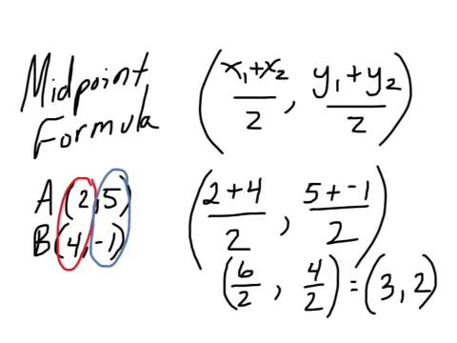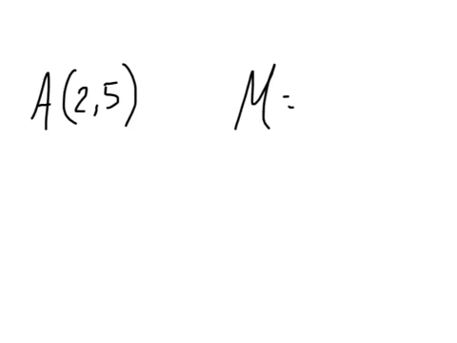So a problem that's similar to that would be if I gave you A was 2, 5 and I gave you the midpoint was 3, 2, okay, then what you would do is work backwards.